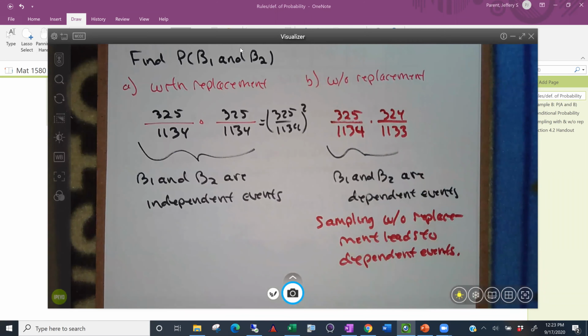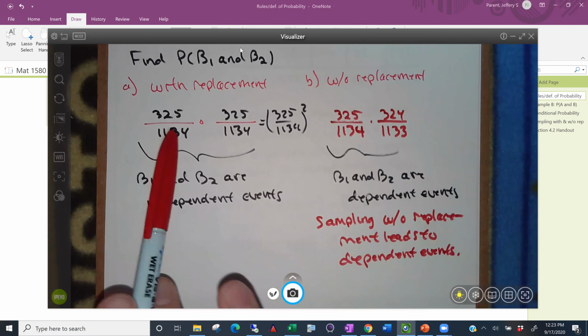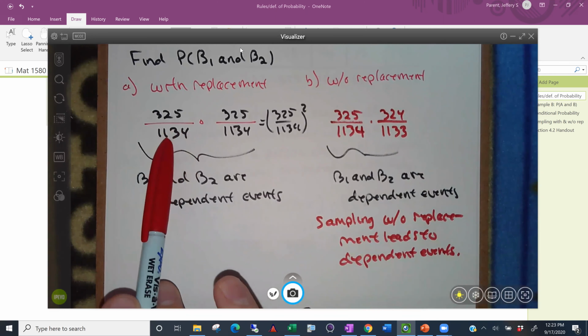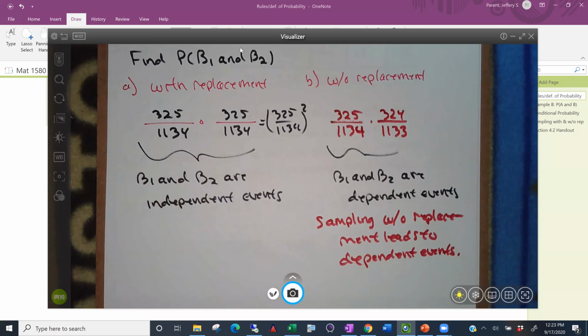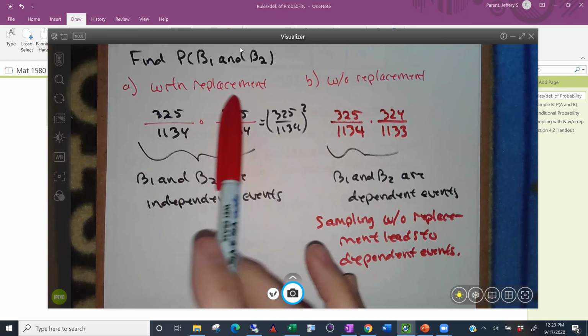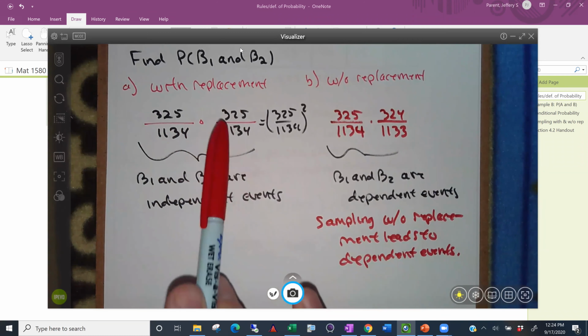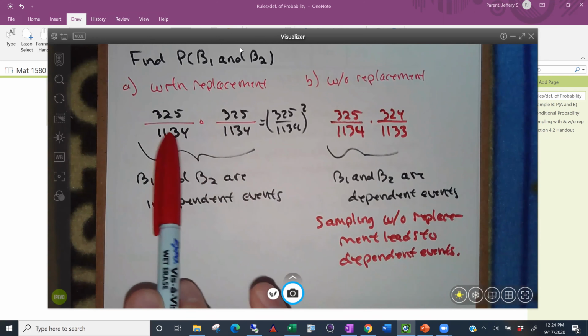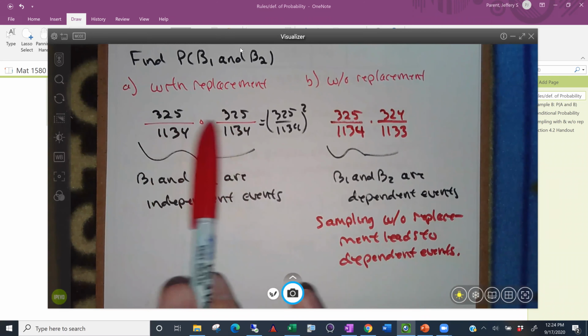You're sampling without replacement. Whereas over here, after I took that person out, said, okay, great, I put them back in the pool, shuffled up, and drew again. So you could pick them again. And essentially what that means is that the probability for the first draw and the second draw are the same.